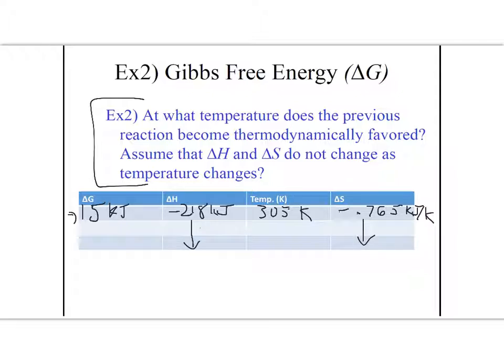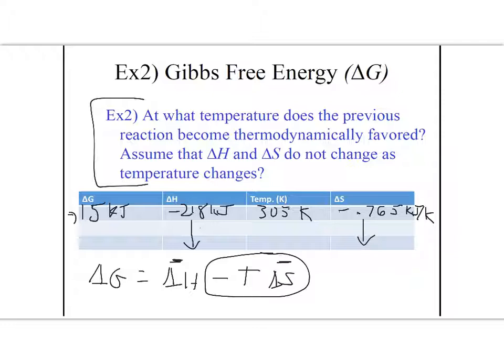Now, think about this, right? Our delta G is equal to delta H, which in this case is negative, minus our temperature, which is, of course, positive because it's kelvins, and our delta S, which is negative. So here we're going to have minus a minus, right? So that means that our entropy and temperature are always going to be positive in this case.